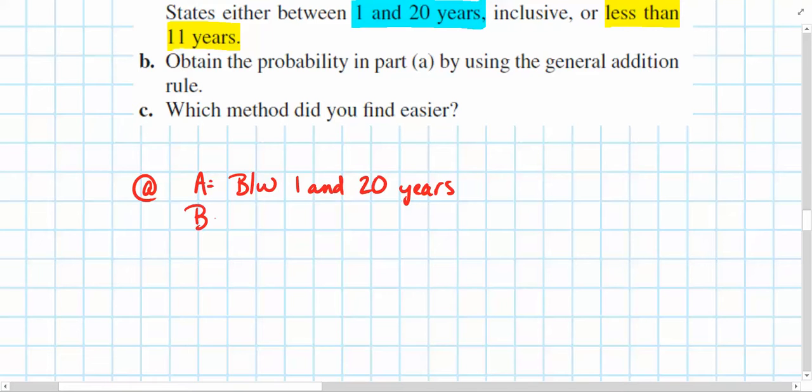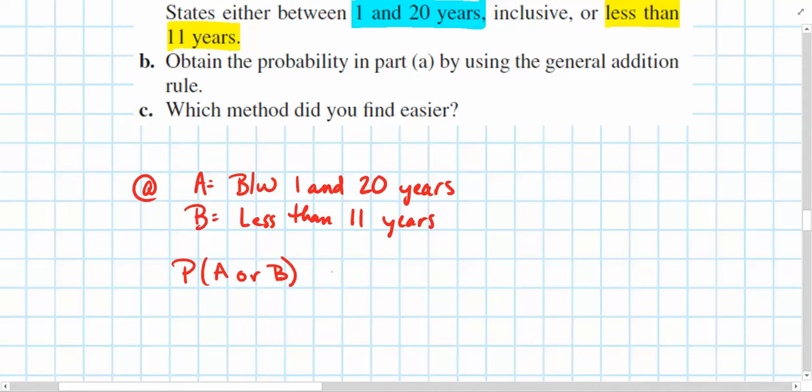And I'll say that event B is anyone that's lived in the United States for less than 11 years. And what we're looking for is the probability that event A or B has occurred.